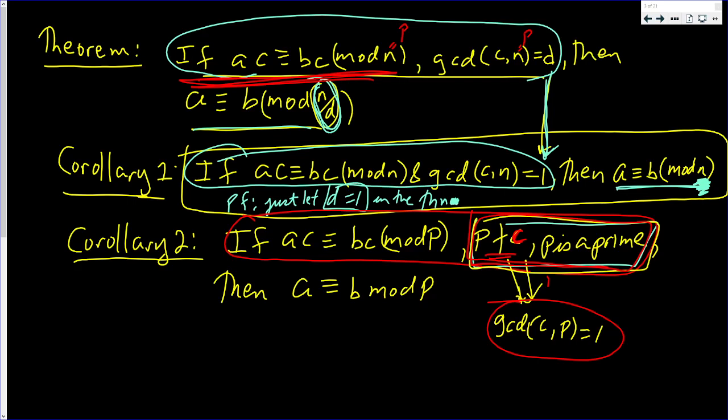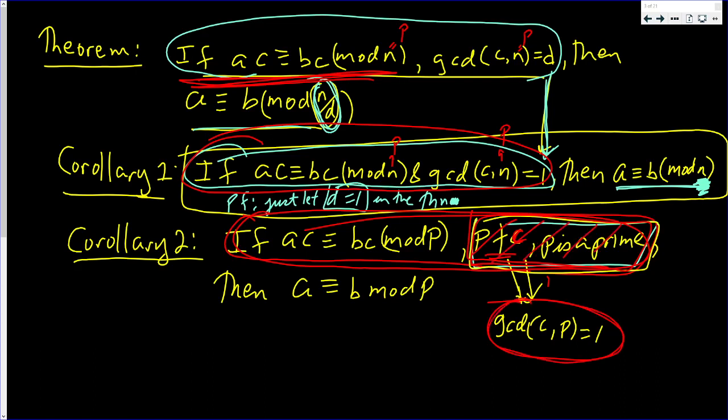But now, other than n being P, this is exactly what the second corollary is saying. Remember, I can get rid of this and replace it with that. So then, we're going to get the same conclusion. The only difference is instead of n, we put P.